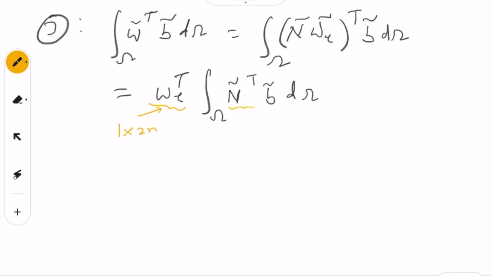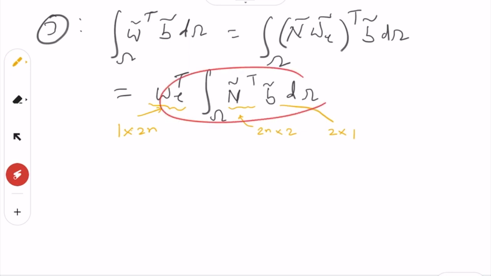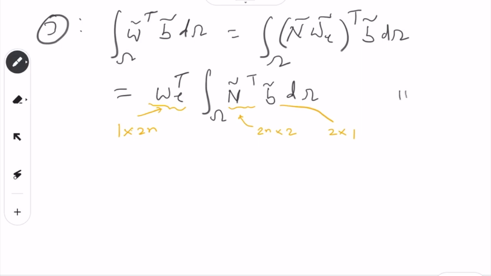After you transpose, this becomes 2n by 2, and this one is 2 by 1. Hence, it multiplies and becomes 1, which makes it a scalar basically, right. So, we get this, and let us call this equation 3.